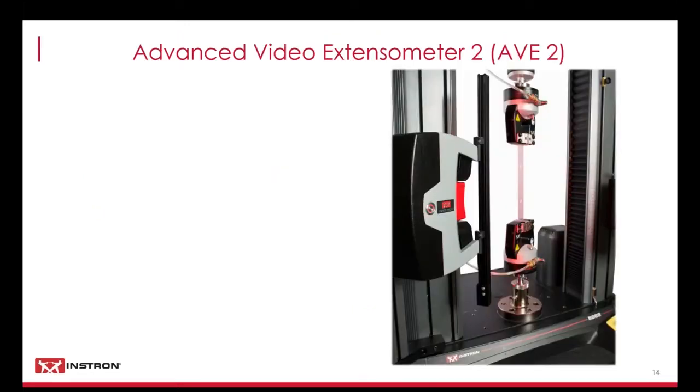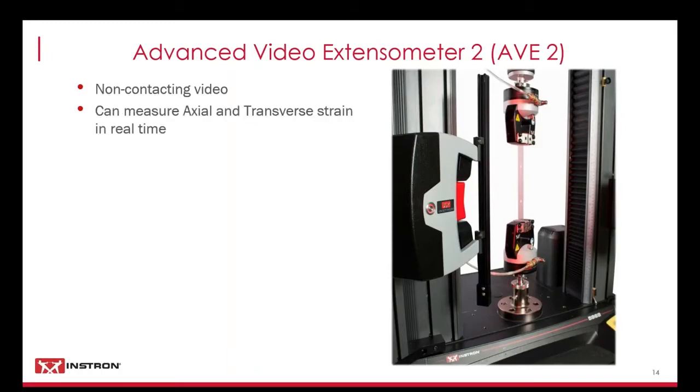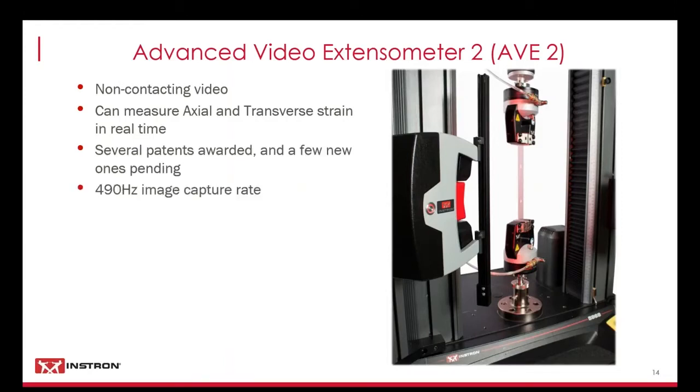So Instron has an advanced video extensometer, which we call the AVE second generation, AVE2. It's non-contacting and can measure axial and transverse strain in real time. Several patents have been awarded, and several more are pending. It has a 490 Hertz image capture rate. There are multiple fields of view, so it's a very flexible device, going from a very accurate smaller field of view to a still very accurate larger field of view for elastomers and other materials that will elongate more.